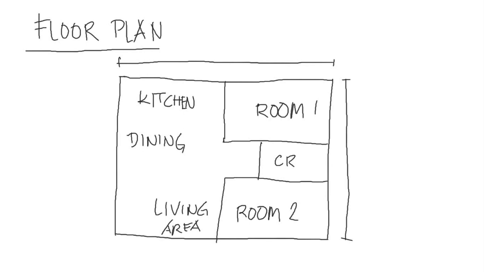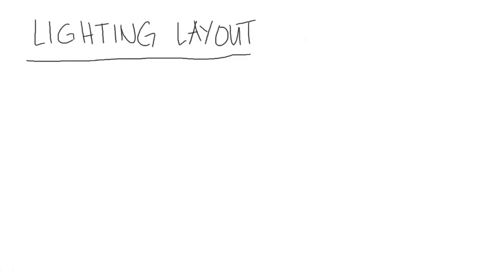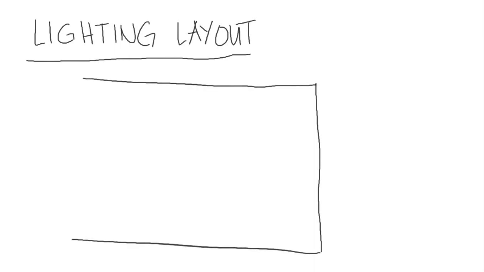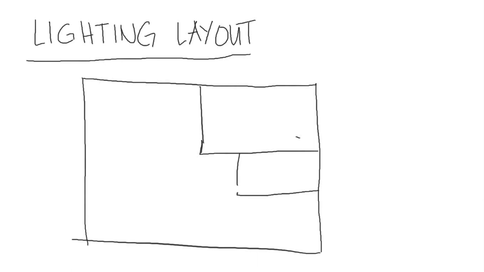After you have done your floor plan, you can proceed to the lighting layout. In the lighting layout, you will also be using the same floor plan that you've made. So I will draw it here. This is just an example, so I will not draw the doors, but on your drawing, you should put your door.